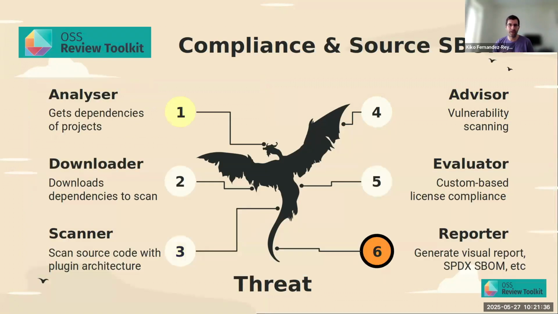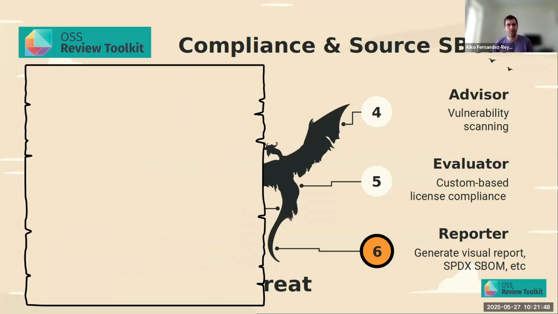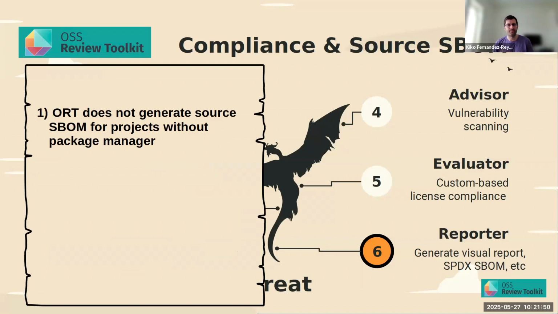So based on that, we have solved the evaluator and also the scanning time. The only thing missing is the report. For Erlang OTP, we simply create an SPDX SBOM. Now, what happened with the report? By default, ORT was not generating a source SBOM for a project without a package manager.